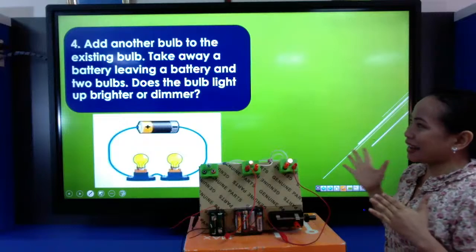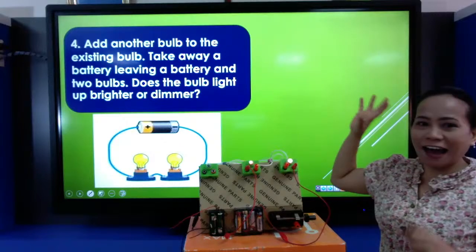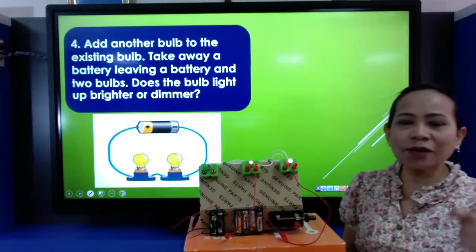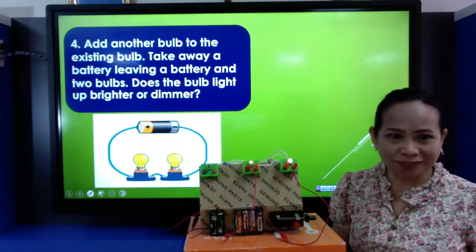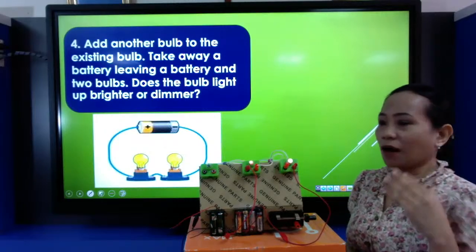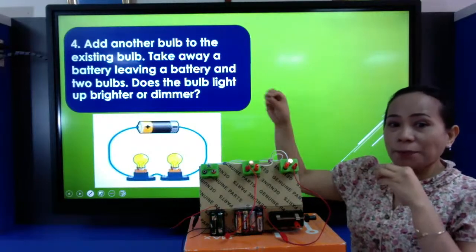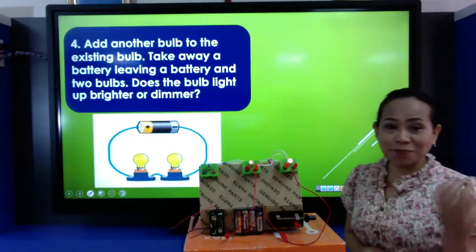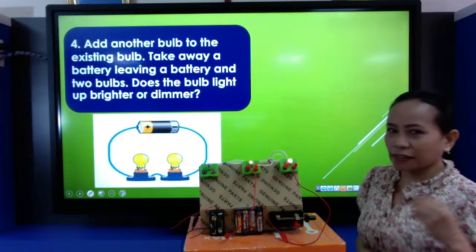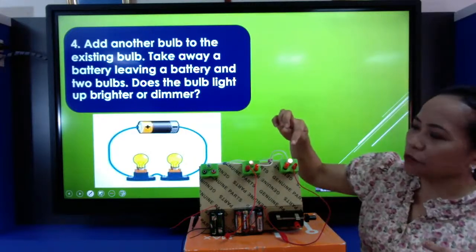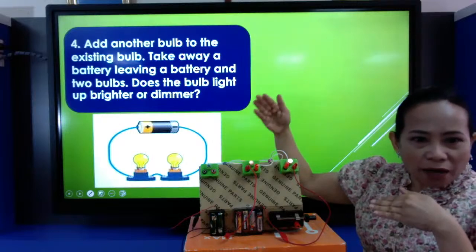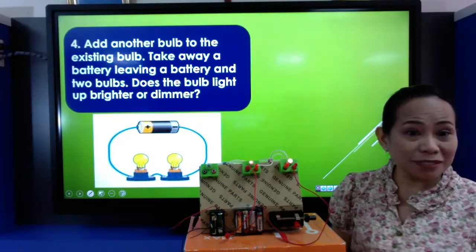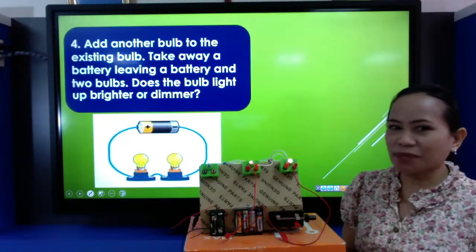So meaning, class, in this activity, it will show you that if we have a bunch of loads, for example bulbs, if we use more bulbs, you should add more batteries so that it can produce bright light. But if you have more loads, like 10 bulbs for four batteries, I don't think it produces light or lights up the bulb.